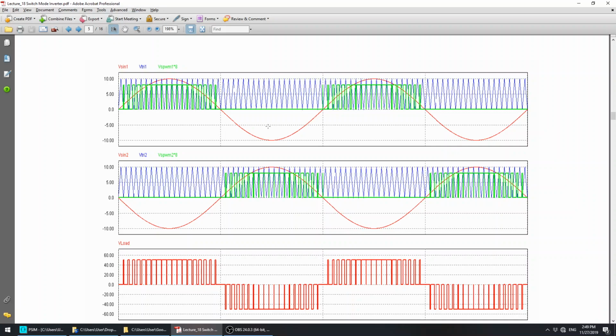For unipolar PWM, the carrier signals consist only of positive values. If you look at the waveforms, the carrier signal is triangular, but it consists only of 0 to 10 volts, so it is a positive voltage.